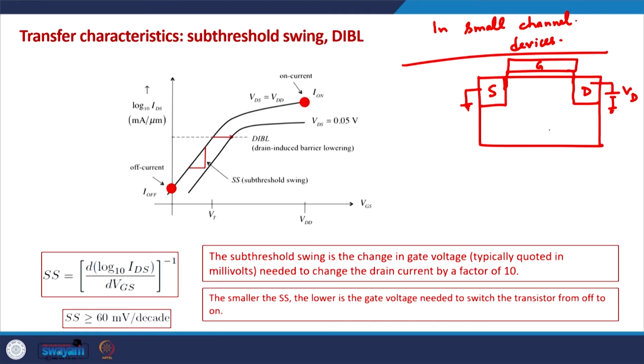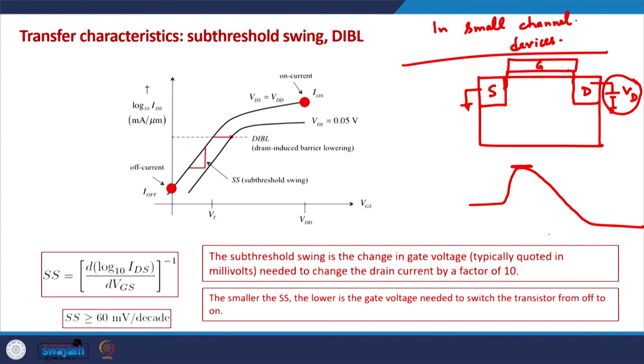This is how the barrier looks in this device. In long channel devices, this barrier height was shielded from the voltage applied on the drain terminal.